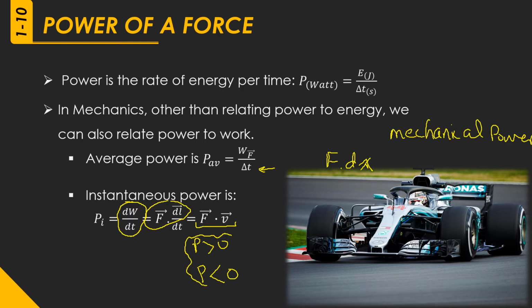So yes, power can either be motive, positive, or resistive, negative. This is just an idea that we already know from work, and it's nice to remind ourselves about it when we discuss power. Now, focusing on average power and instantaneous power, we will go check an application which also focuses on the graphical interpretation of power.